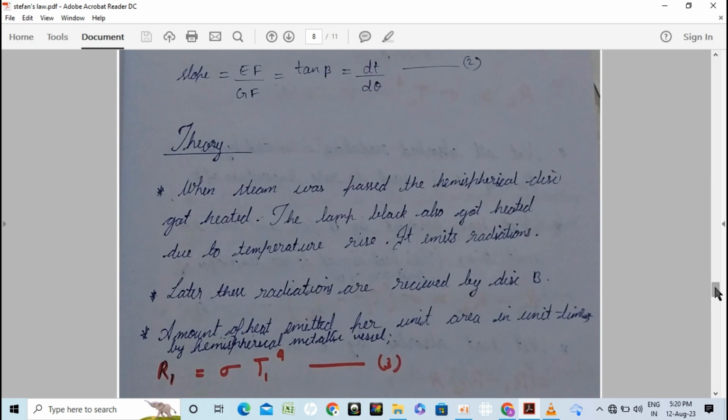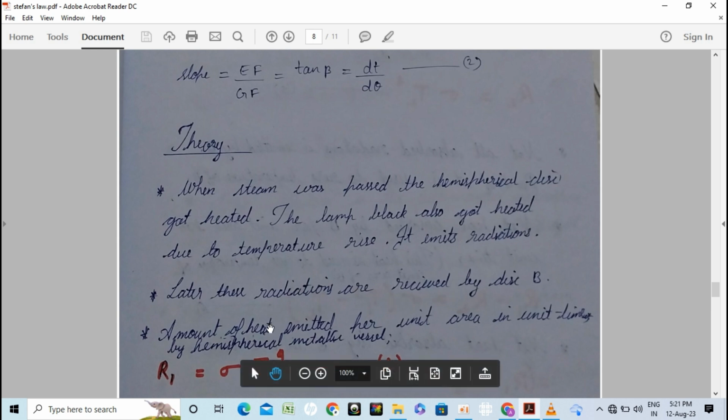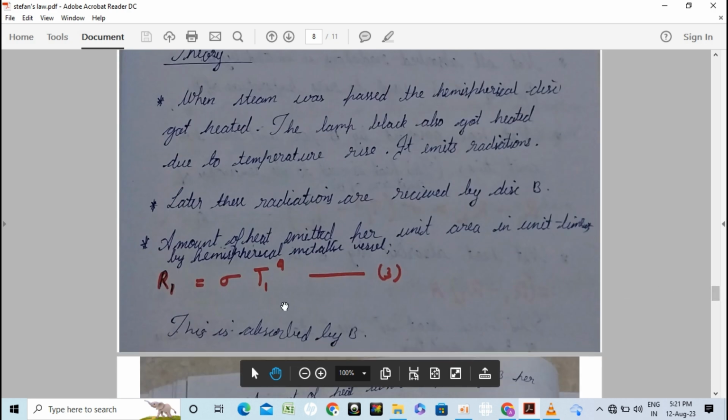Now this is the experimental part. Now let's go to the theory part. When the steam was passed, the hemispherical disk got heated. The lamp black also got heated due to temperature rise. Now it emits radiations. Later these radiations are received by disk B. The amount of heat emitted per unit area in unit time by the hemispherical metallic vessel is R1.